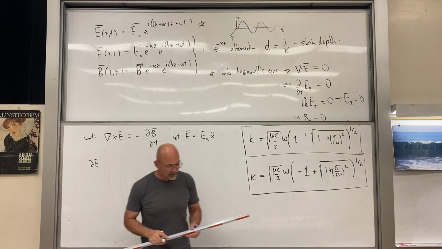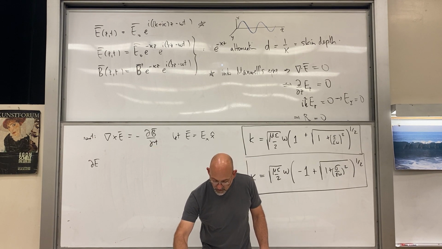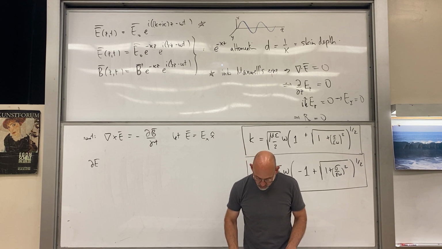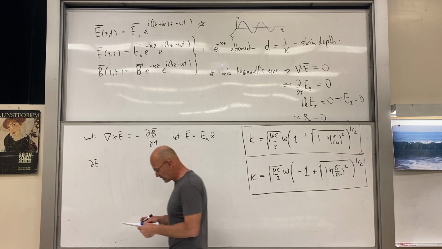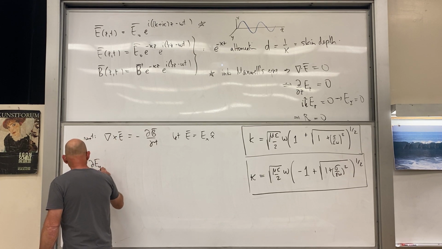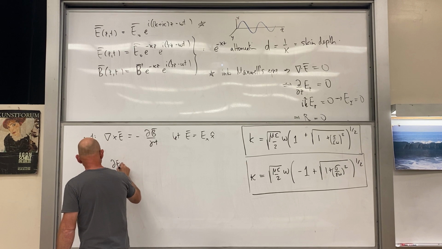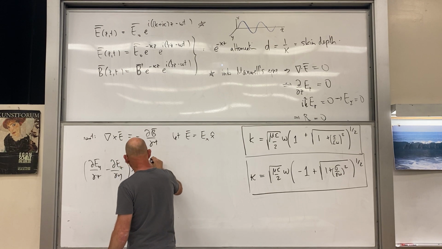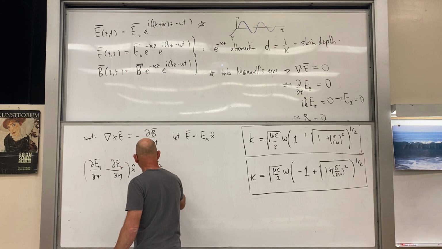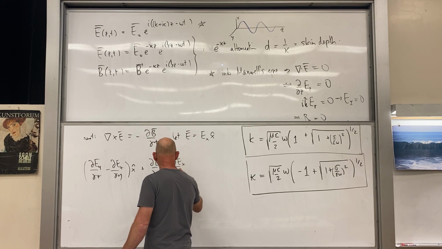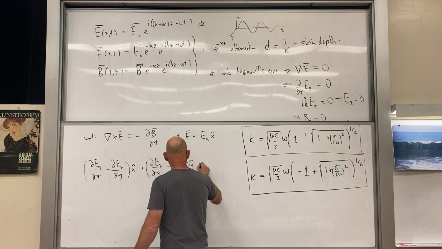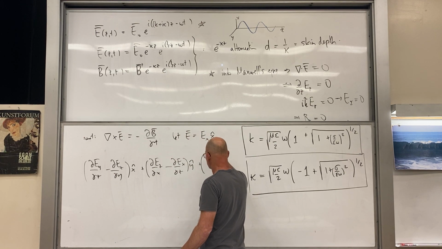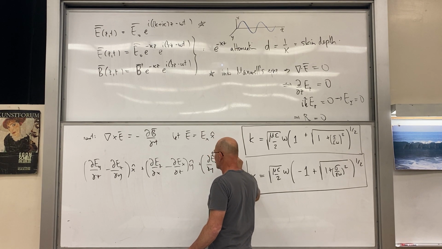we start this one off with x hat, so d/dy E_z minus d/dz E_y, x hat, then d/dz E_x minus d/dx E_z, y hat, plus the z component, z hat.